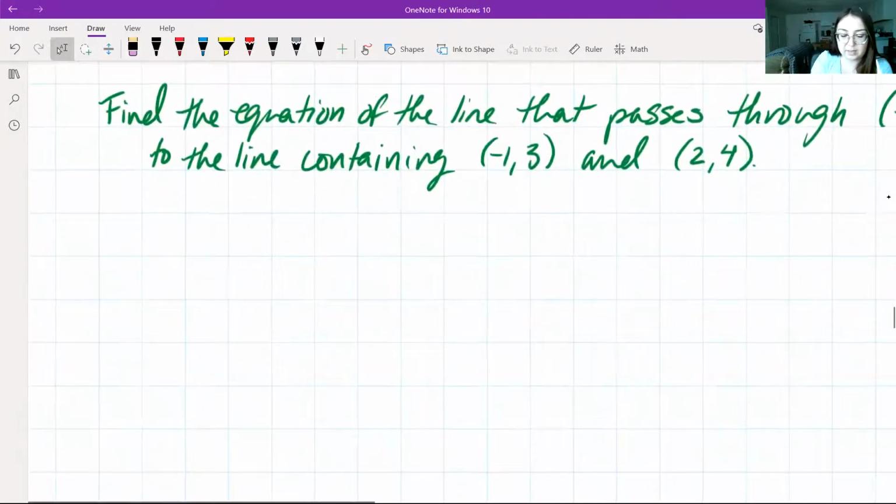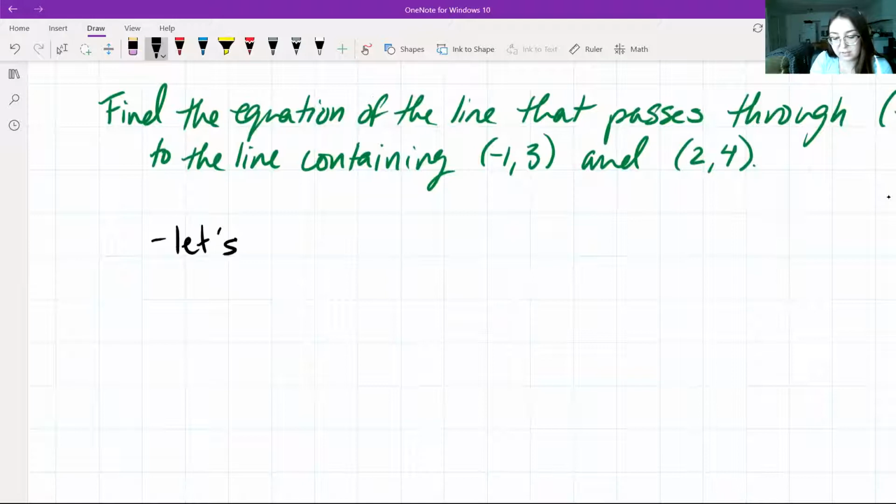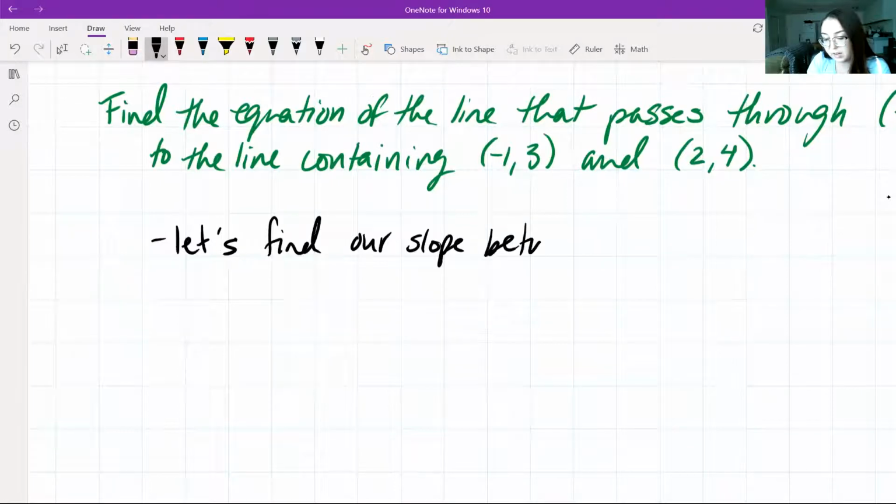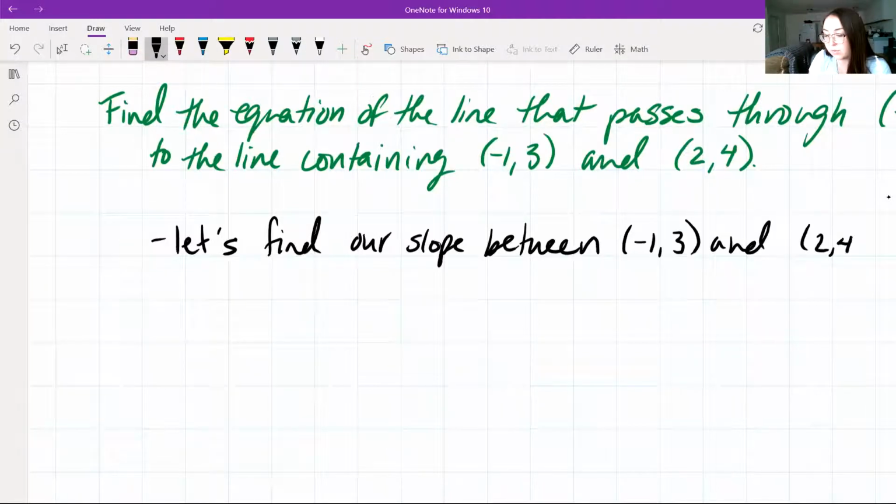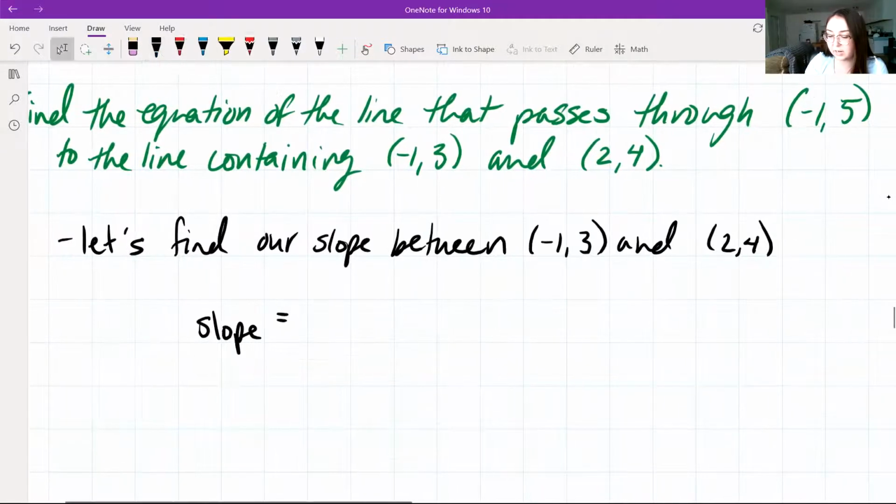Let's find our slope between -1, 3 and 2, 4. So let's say -1, 3 is our first point, so this will be x1, y1, and 2, 4 is going to be our second point, so this will be x2, y2.